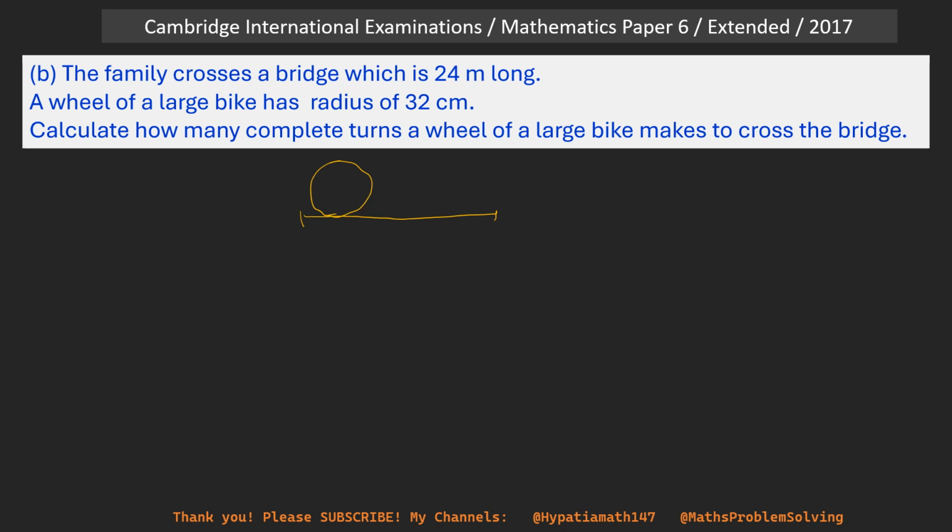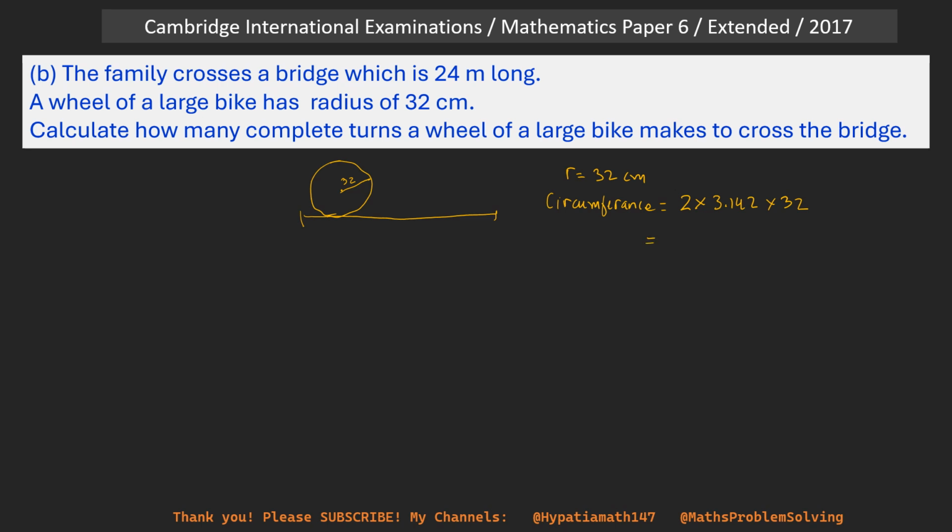The radius is 32, so obviously we have to find the circumference. The circumference would be 2 pi r, so it would be 2 times 3.142 times 32.